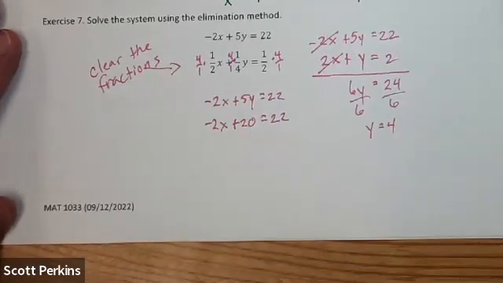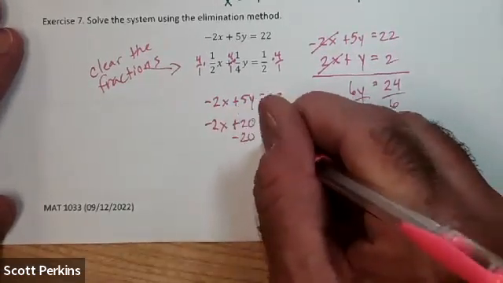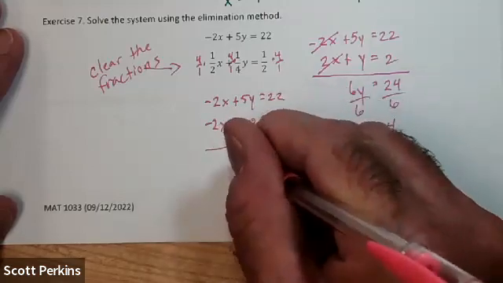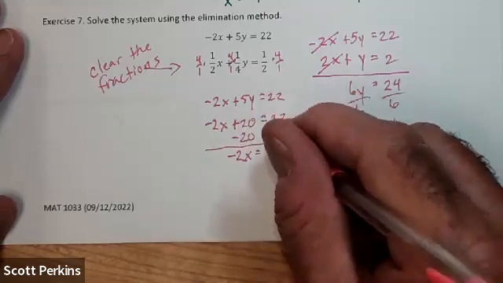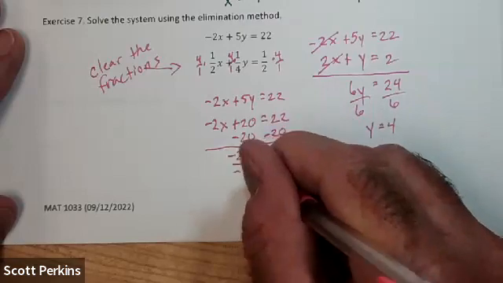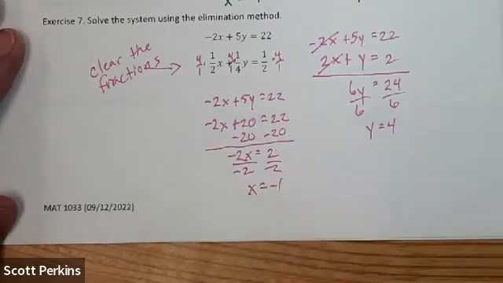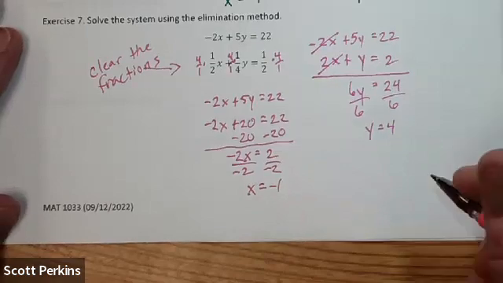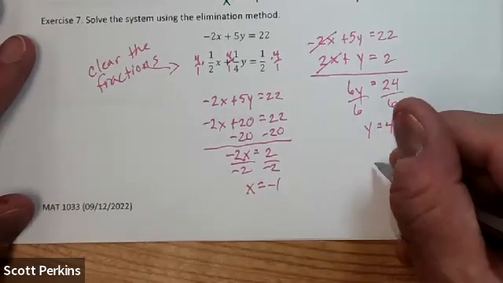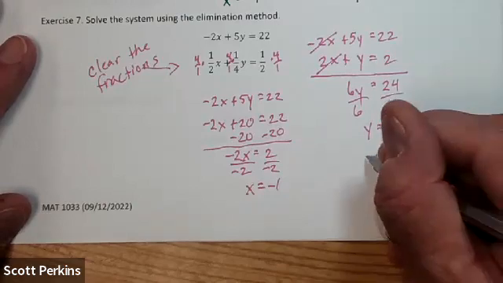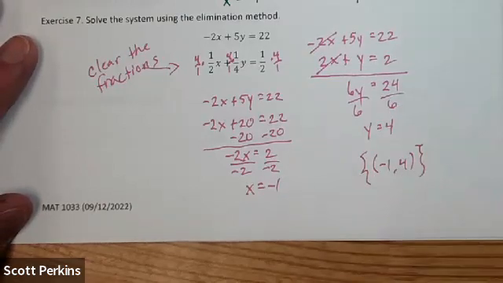I'm now going to subtract the 20. And I've got negative 2x is 22 minus 20 is 2. And I divide. You can see each time we do these problems, we're pretty much doing the same thing. So hopefully you get some brain muscle memory as you're doing this. So my solution set is the point negative 1, 4.